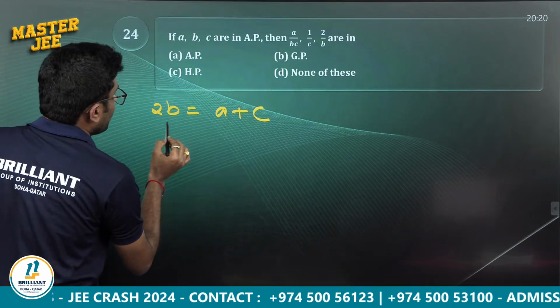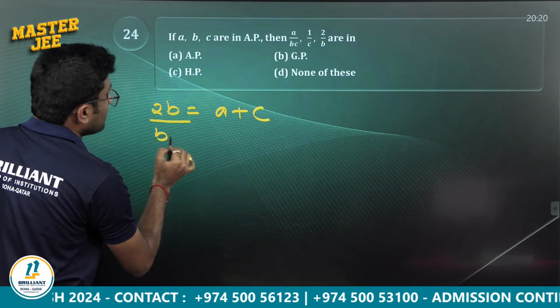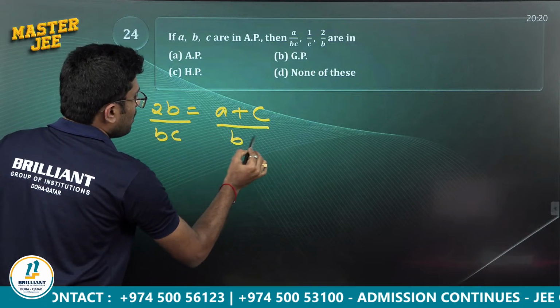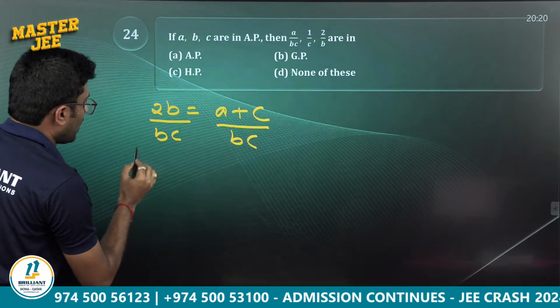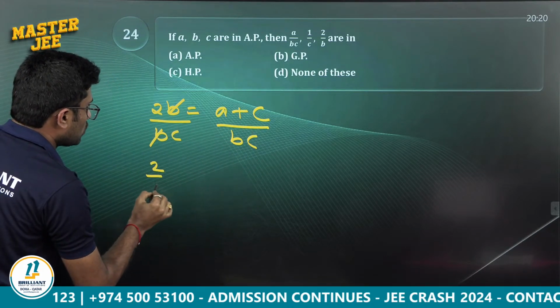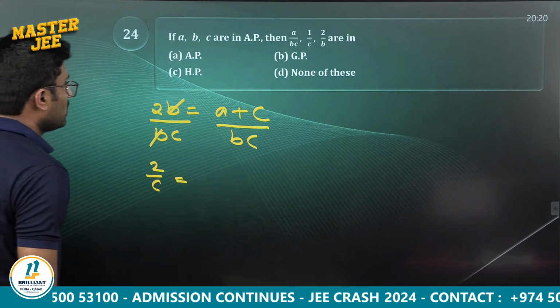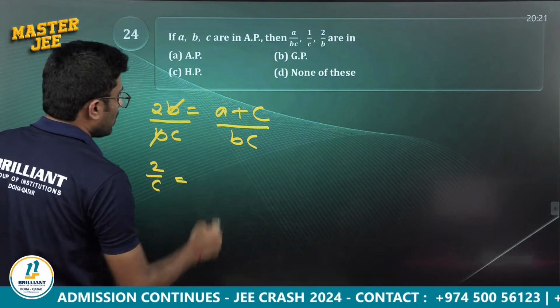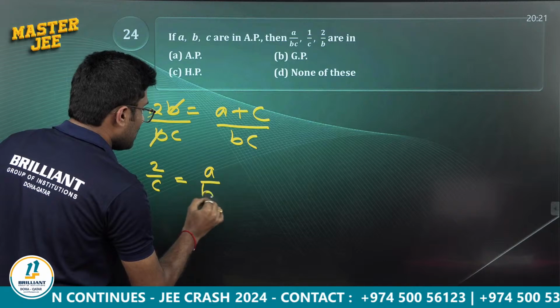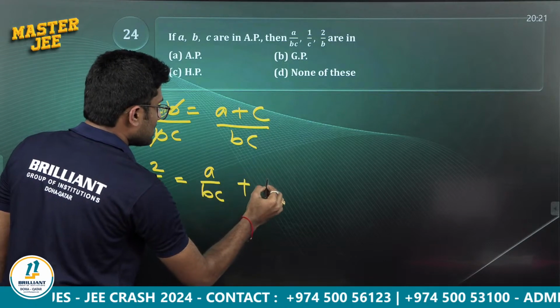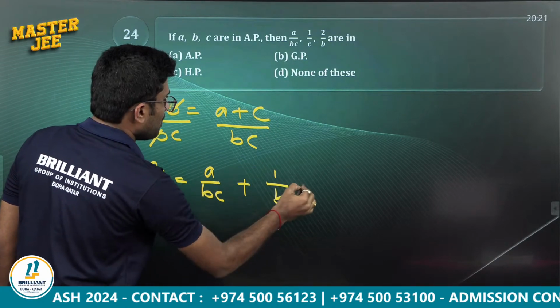If I divide both sides of this equation by bc, what happens? b gets cancelled, 2 by c will be equal to a by bc plus c by bc. c by bc will be 1 by b only.